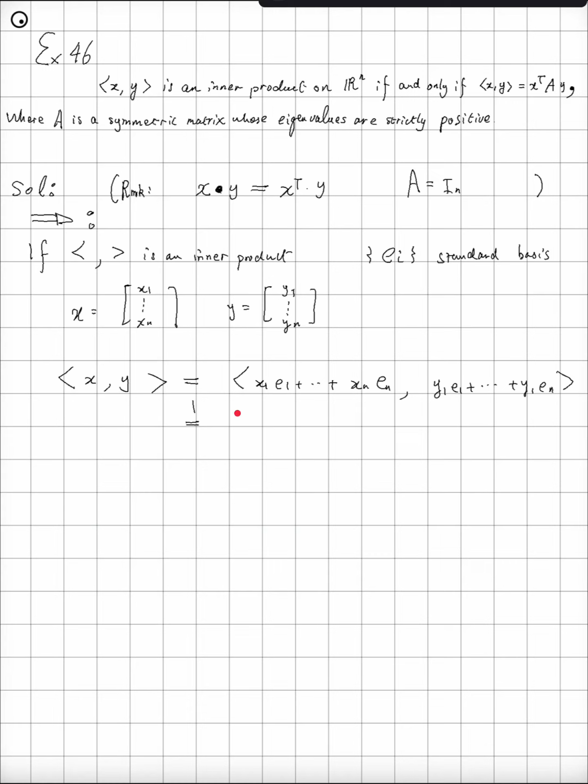This would again be the summation of x_i y_j times the inner product of e_i and e_j. So this is not the dot product, so we don't know whether the standard basis is orthonormal or something like that; we just have to keep a record of all those ij.